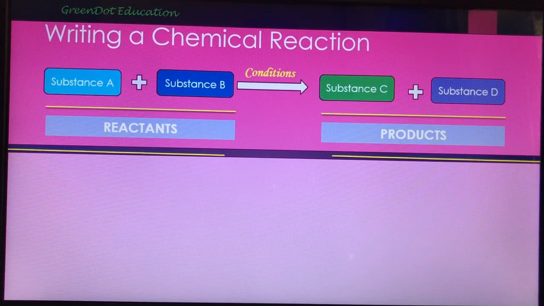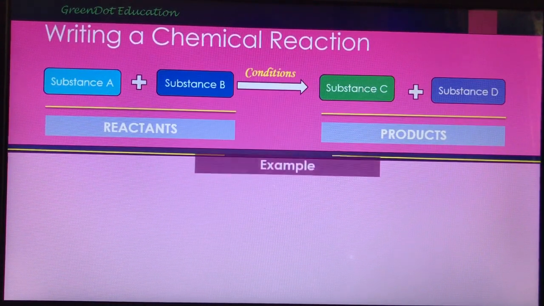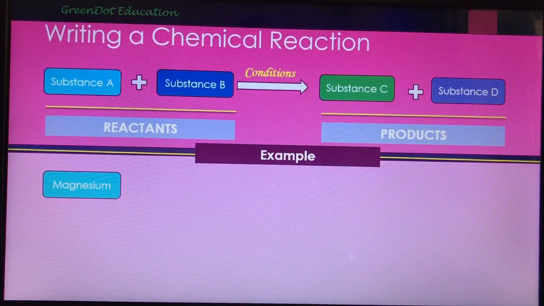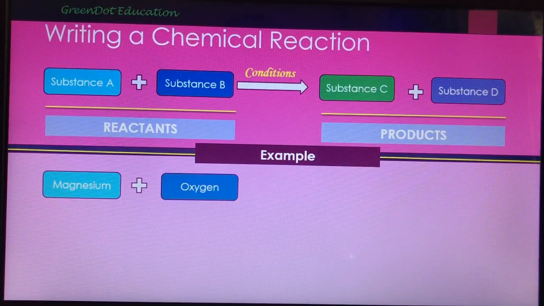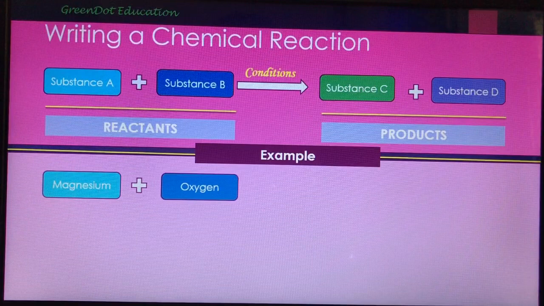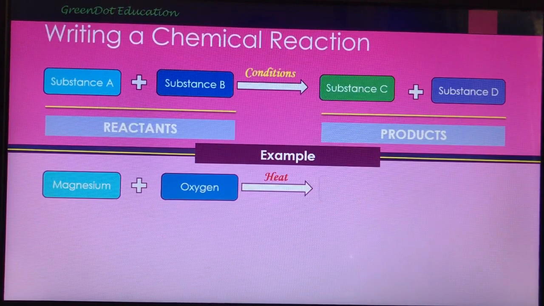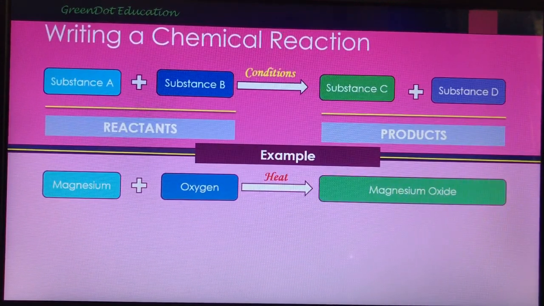Now let's understand this phenomenon with the help of an example. Suppose we have magnesium. We have done this experiment in our earlier classes. Suppose we have a magnesium ribbon, and if it is burnt in the presence of oxygen, you might have seen that it burns with a bright light, and finally we get a substance called magnesium oxide.